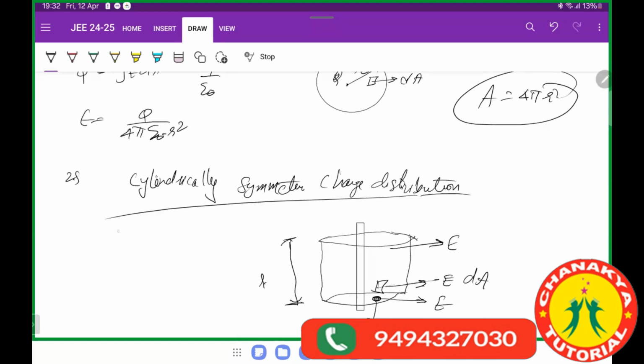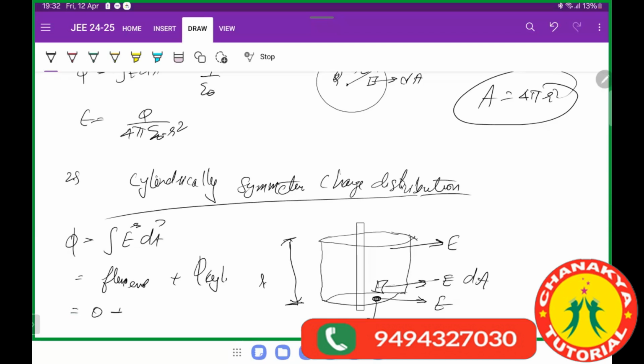So first condition, if I take both ends, phi equals to E dA, flux for ends plus flux for the cylindrical surface.